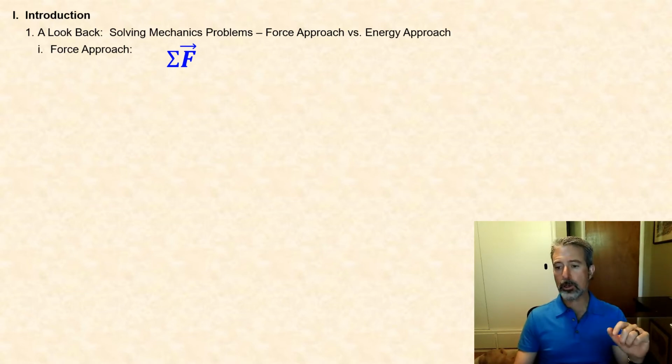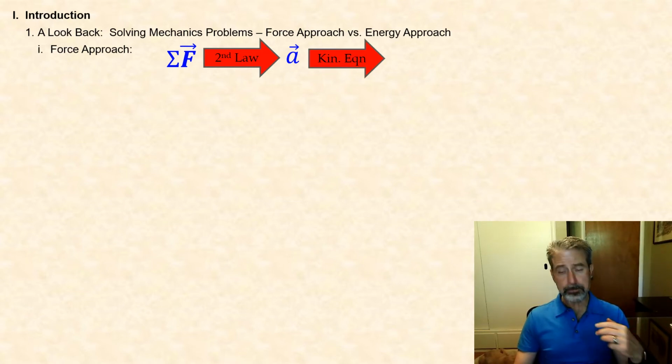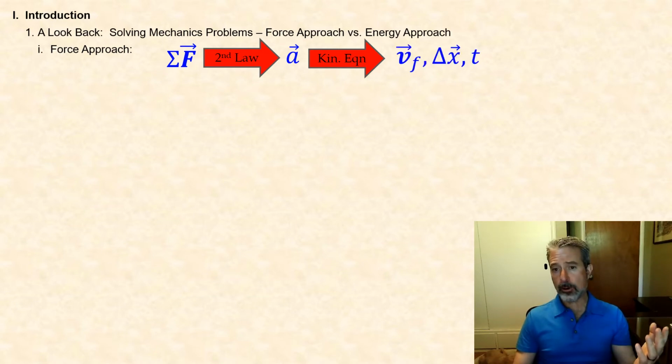So this probably started with a free body diagram. From that, you could apply Newton's second law to determine the acceleration of the object. And once that was known, assuming you had enough other kinematic information, you might be able to determine some other kinematic variable, like a final velocity or speed, a displacement, or even a time, involved in the motion of an object.